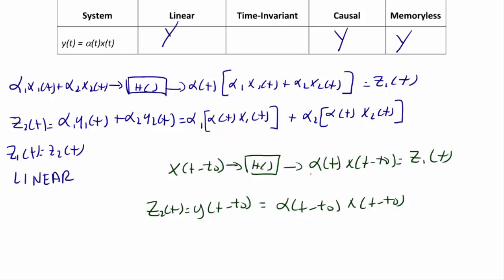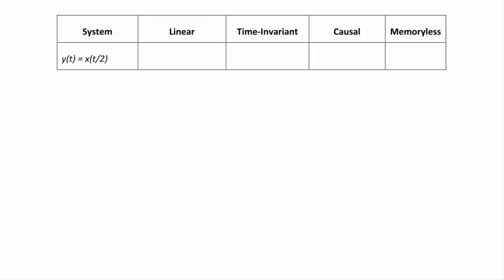And the problem here is that z1 has alpha of t and z2 has alpha of t minus t naught. And because those two values are different, z1 of t is not equal to z2 of t. So I do not have a time invariant system, or it's not time invariant. So this is no.